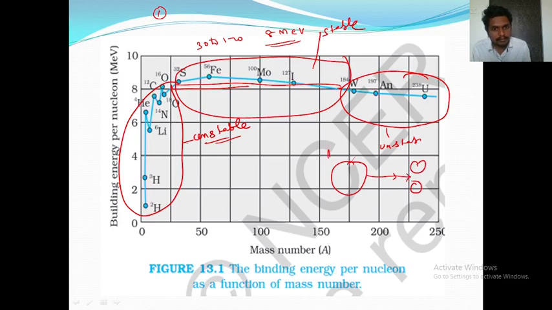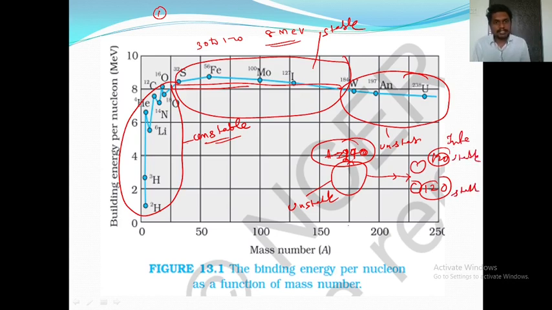Generally, for heavy elements whose mass number is greater than, for example, A equals 240, the nucleus is unstable. When it breaks into atomic nuclei with mass numbers 120 and 120, these are intermediate nuclei. This is a stable nuclide.